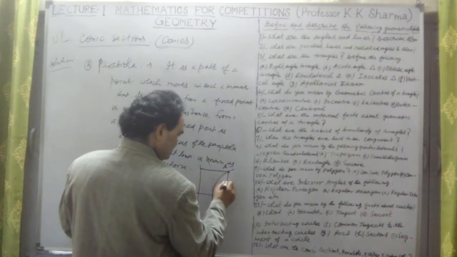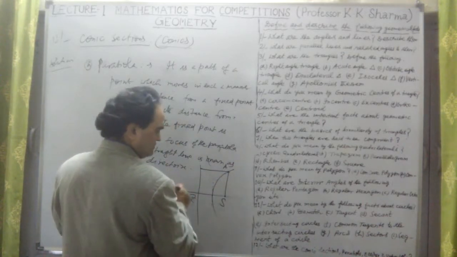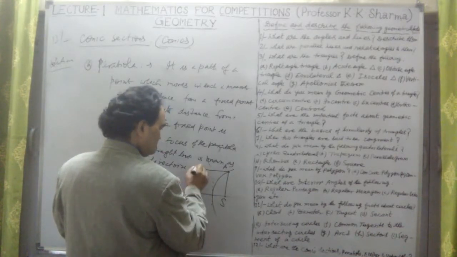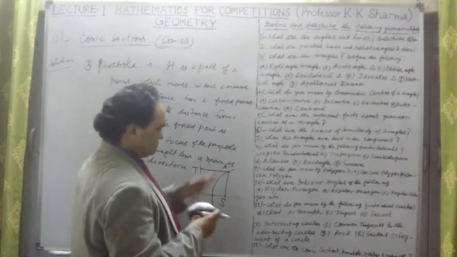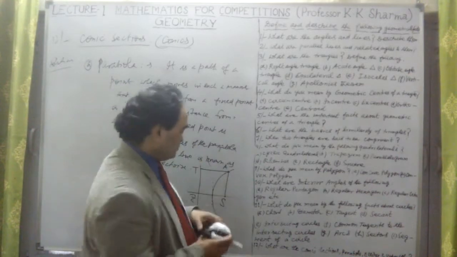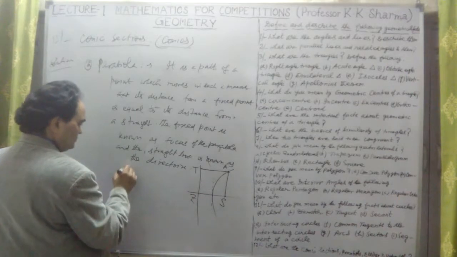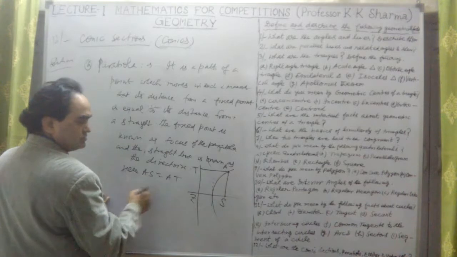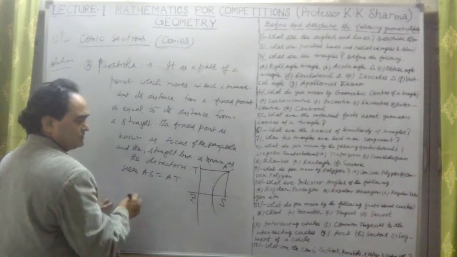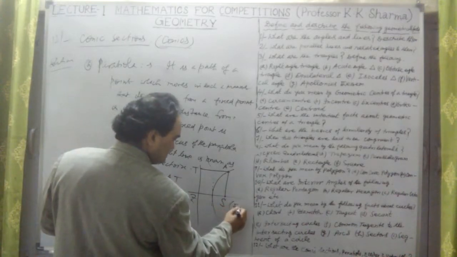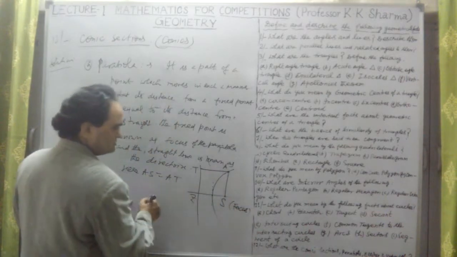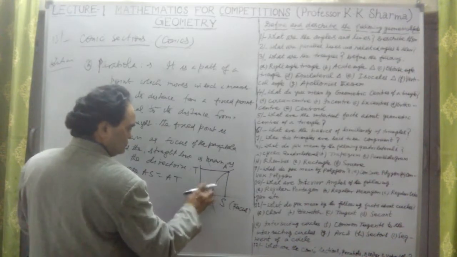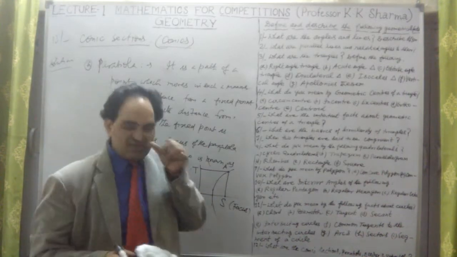If I join this point to this point, this distance AS is equal to AT. So AS equals AT. This is a parabola, formed with this as the focus. All this we will talk about when I take the questions.